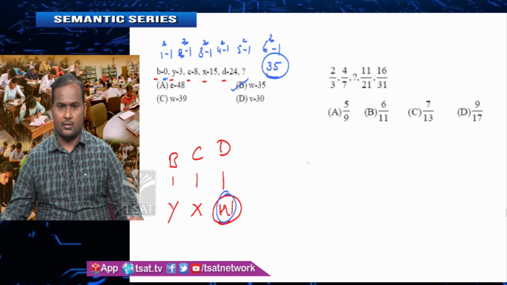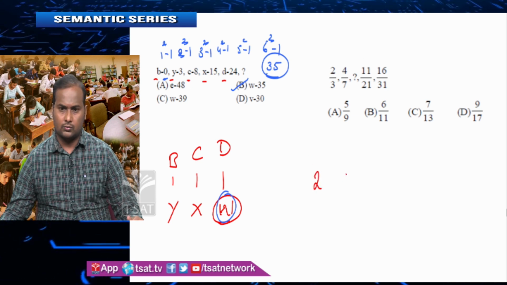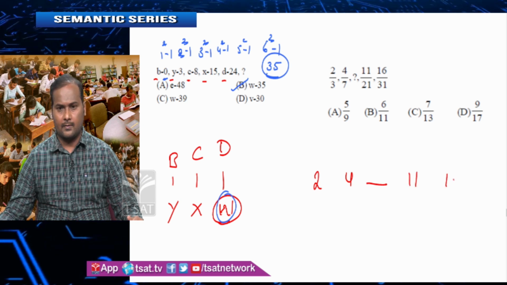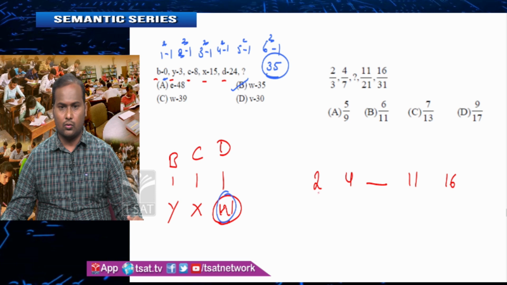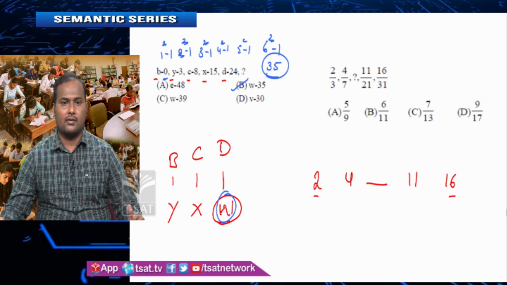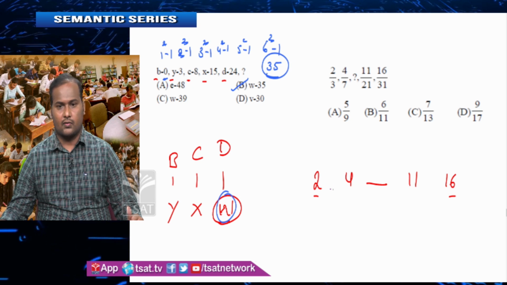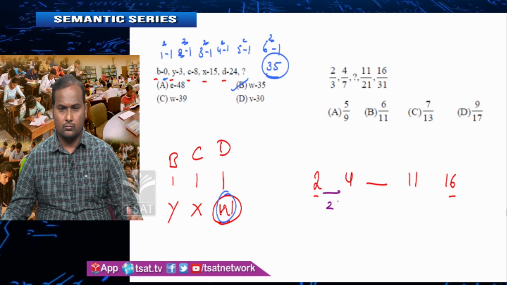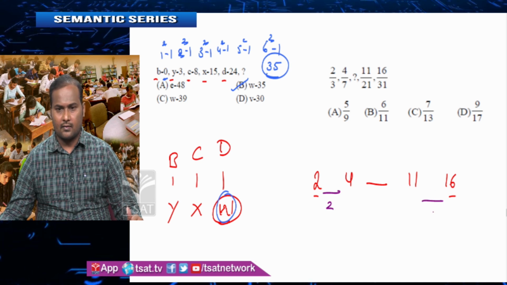Now you take the numerator separately. So 2, 4, need to find out the answer, 11 and 16. So here between 2 and 16 there is not much increase. So obviously I will take the difference. What is the difference between 2 and 4? The difference is 2. Here the difference is 5.